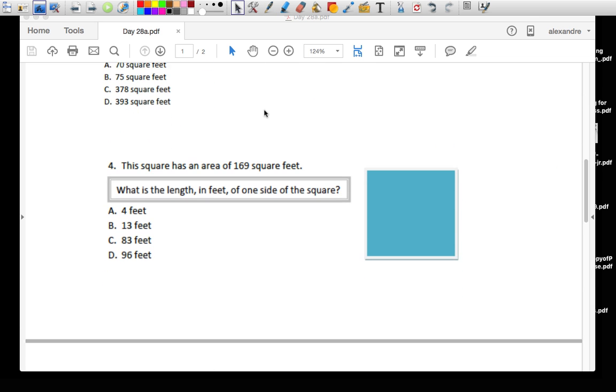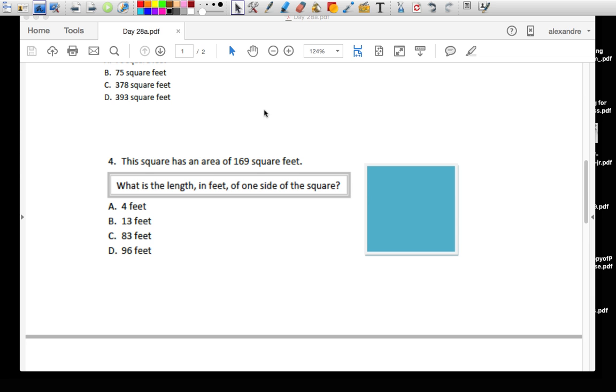Moving down, what is the side length of a square with an area of 169 feet squared? You're given the area, which means inside this particular shape there are 169 of these squares.